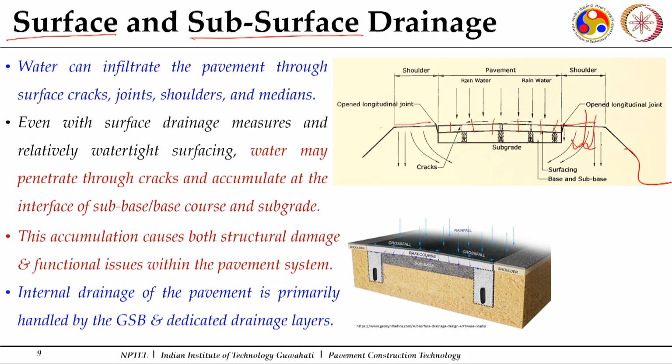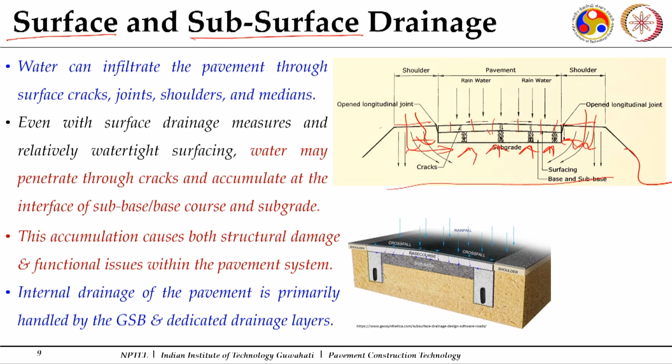So water may enter through these earthen shoulders and go down into your pavement structure. Because of a high water table or high flood level, water may reach your subgrade, and then it may rise into your pavement crust. So this is another reason which can lead to ingress of water.